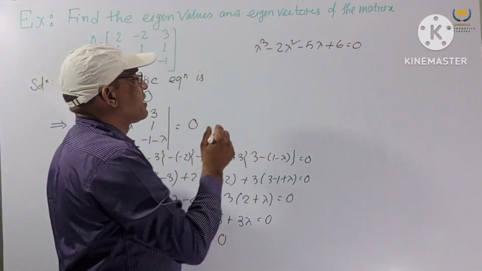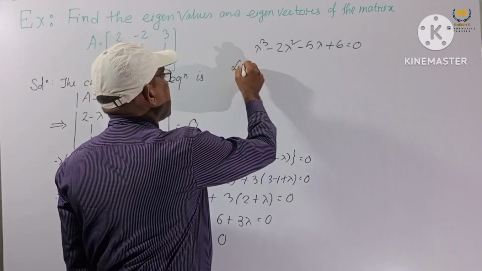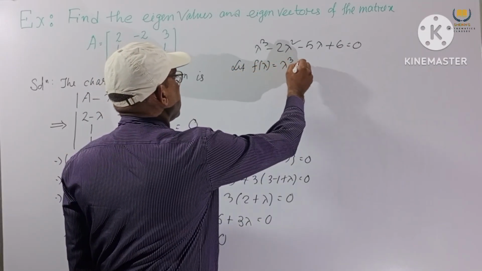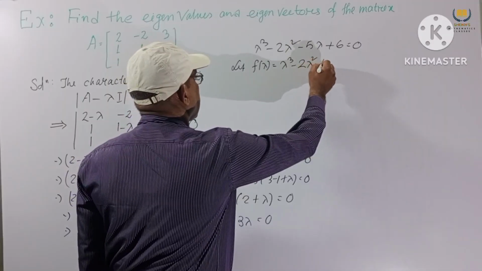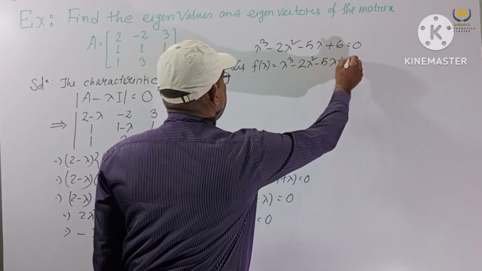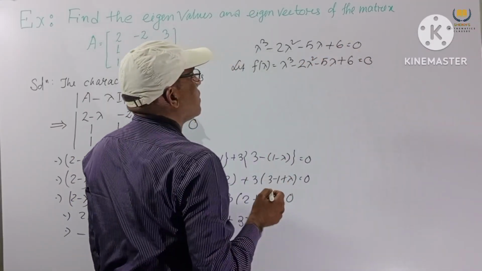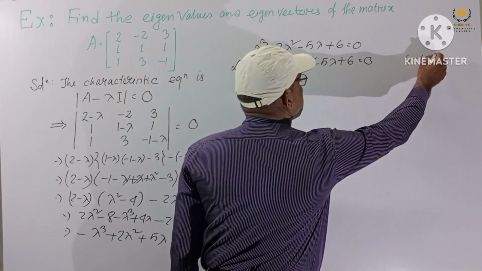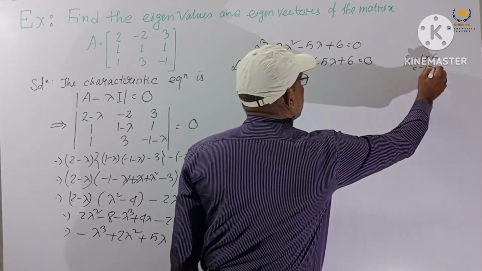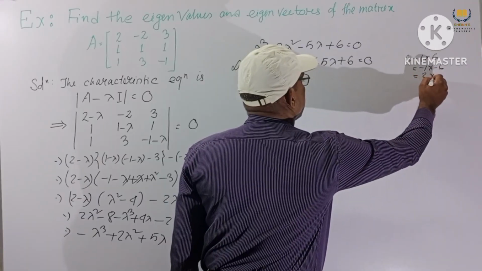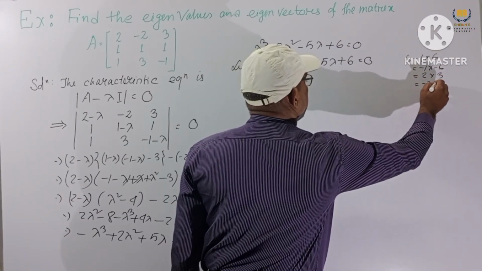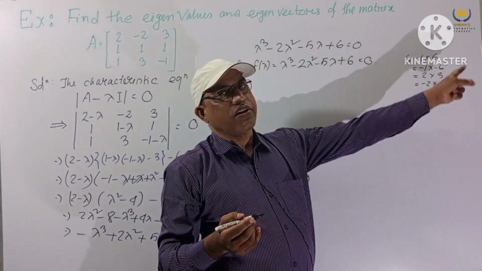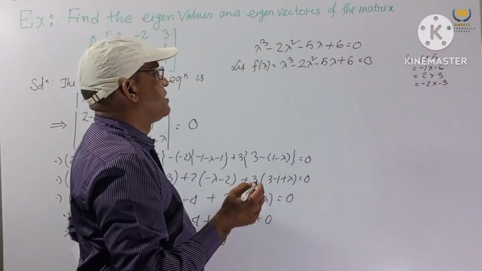At that time, using the factor theorem, let f of lambda equal lambda cube minus 2 lambda square minus 5 lambda plus 6 equal to 0. The last term is 6. The factors of 6 are 1 and minus 1, 2 and minus 2, 3 and minus 3, 6 and minus 6. If we put any one of these values, then this must be 0.